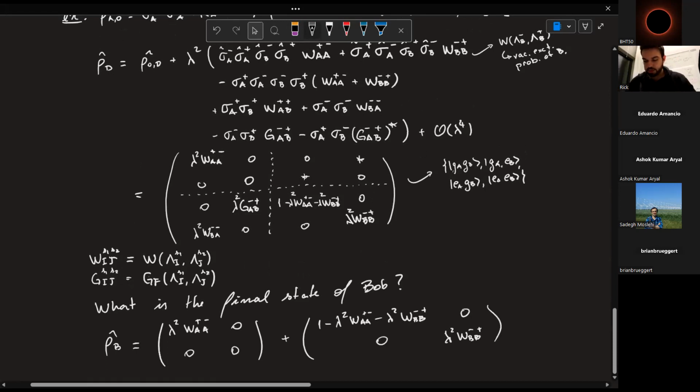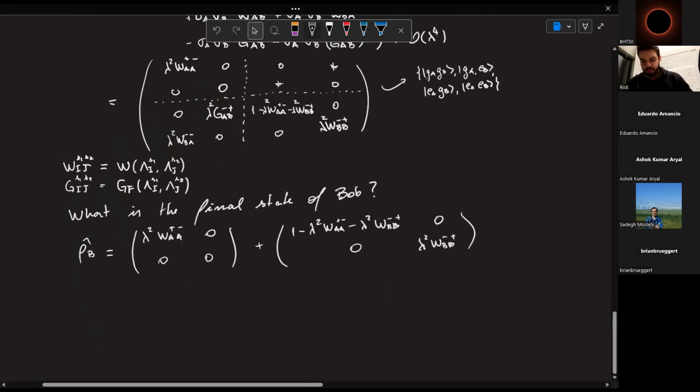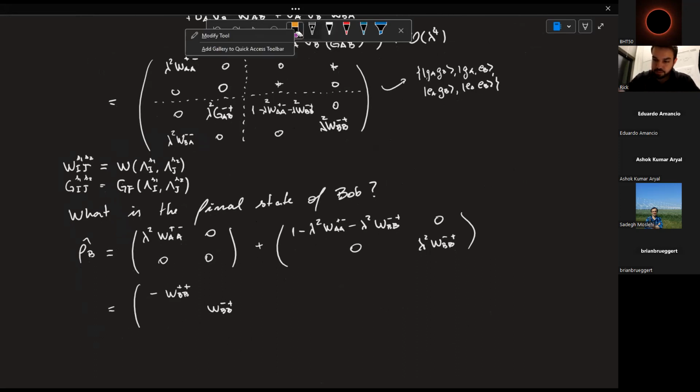And if we compute this, what we find in the end is that Bob, who started in the ground state, his final state is now given by this. Sorry about the erasings here. Fix this. There you go.